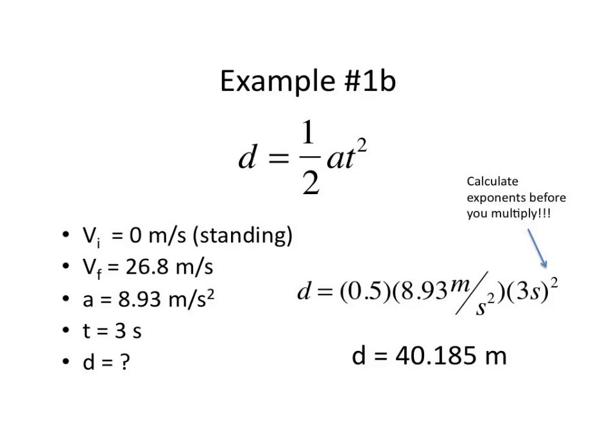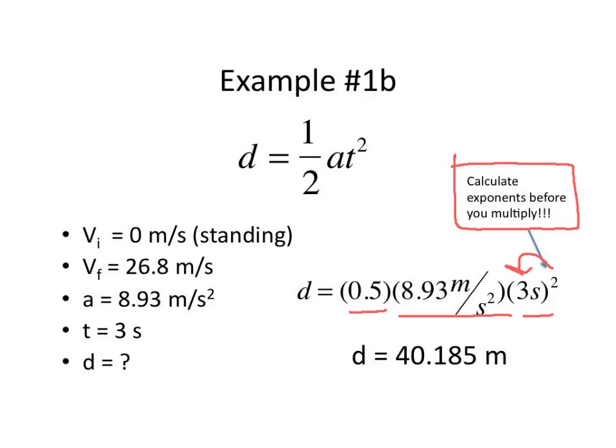And so here we go. Distance, what we're trying to find, is 0.5 times our acceleration of 8.93, which we got from the first part of the problem. And our time is 3 seconds. Now remember, exponents come before multiplication, so you need to square this 3 before you multiply it by the 8.93 or the 0.5.